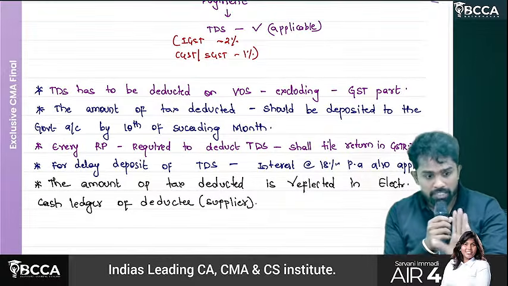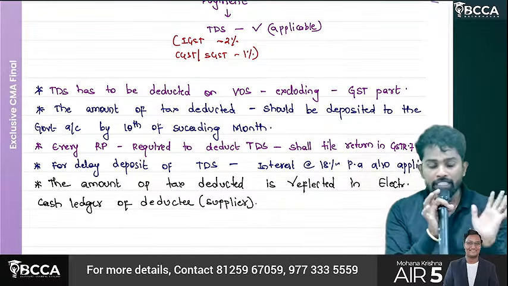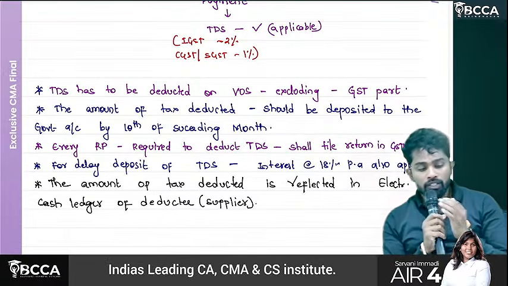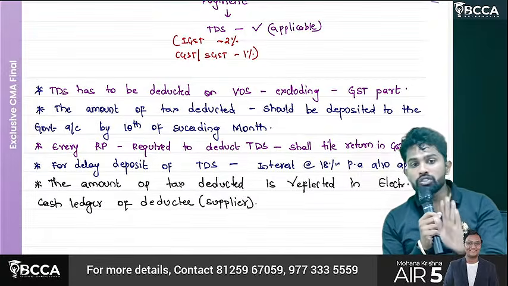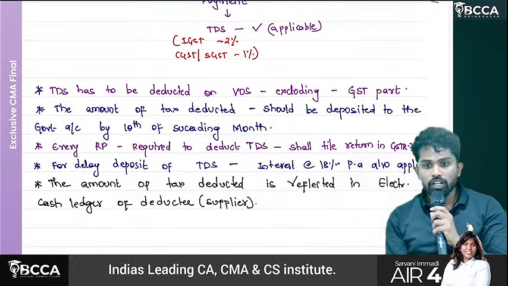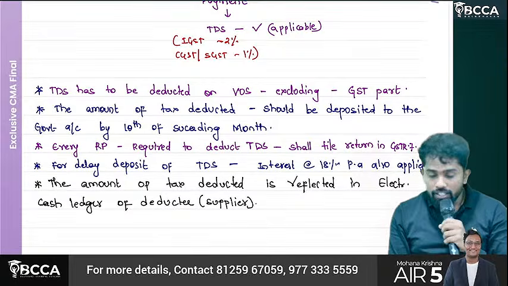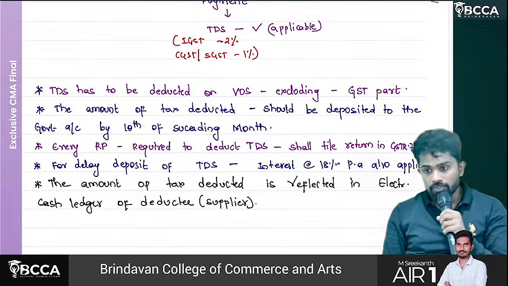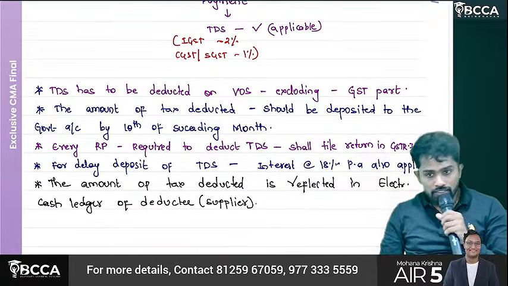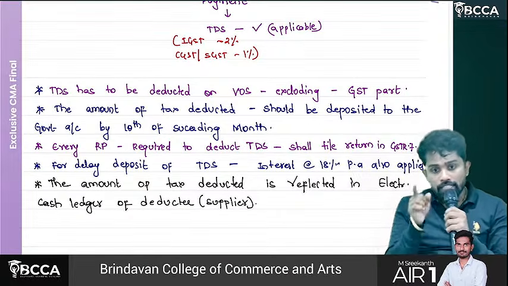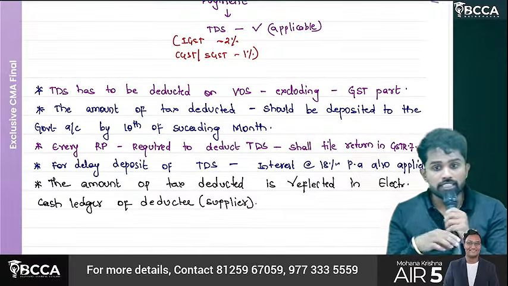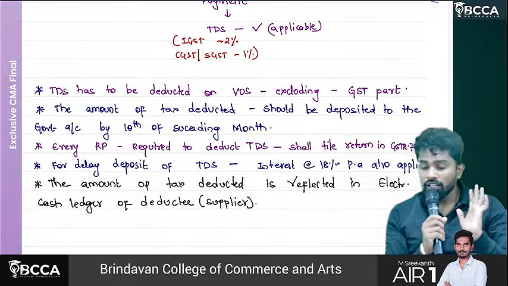And one more thing, sir. In the question you will see, but that was actually omitted in practice. What does that mean? Previously, when TDS was originally introduced, the deductor had to give a certificate, just like in income tax, proof of TDS, Form 16 or Form 16A is given. Same way in GST also, from the date he deposits the tax, usually by 10th of succeeding month, within 7 days the deductor had to give a deduction certificate in GSTR 7A to the supplier.